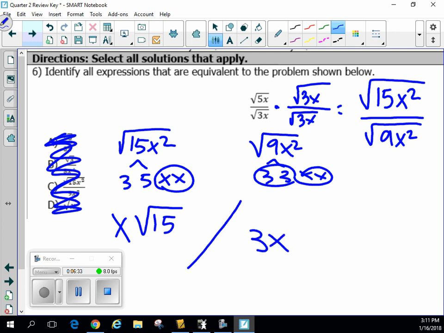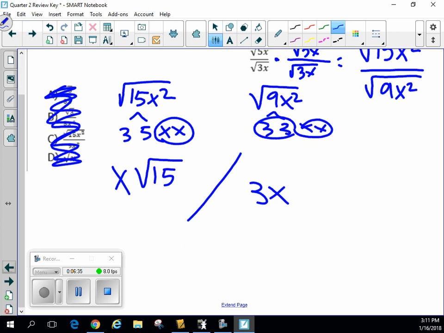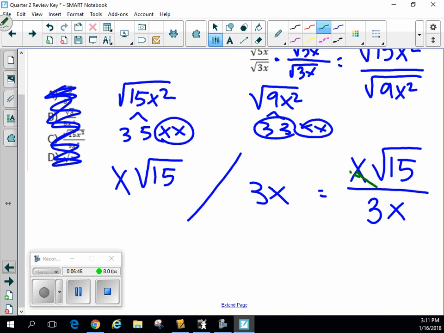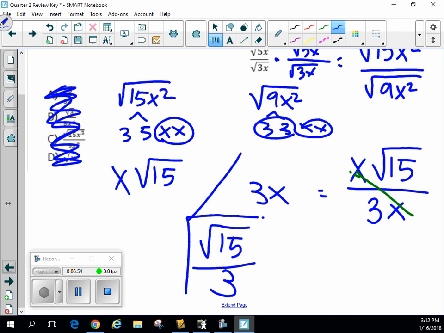So you get x square root 15 on the numerator, divided by 3x. And then from here, we can see that our x's actually cancel with one another. And watching the x's cancel makes your final answer the square root of 15 divided by 3.